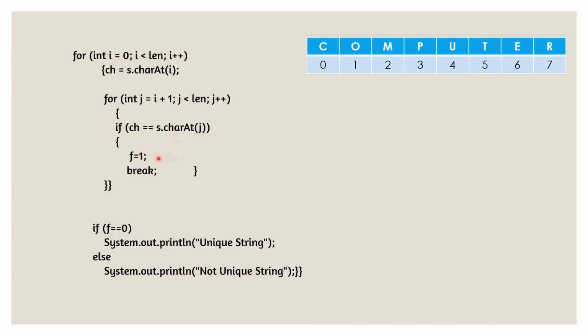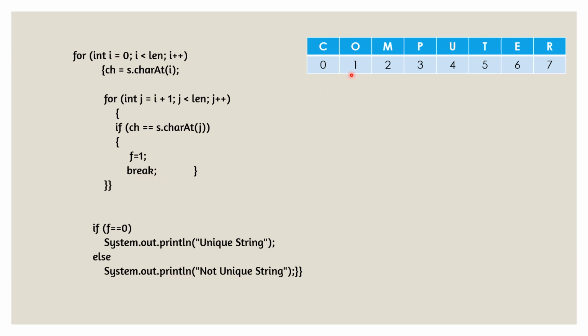In the beginning, we have said f is equal to 0. But if the particular character is repeating anywhere, that means it is not a unique word. Then in that case, we are changing f to 1 and stopping. It is not unique, so there is no need of checking again. So if the character is repeating, f will become 1 and break. We can stop the loop and then we can come out.